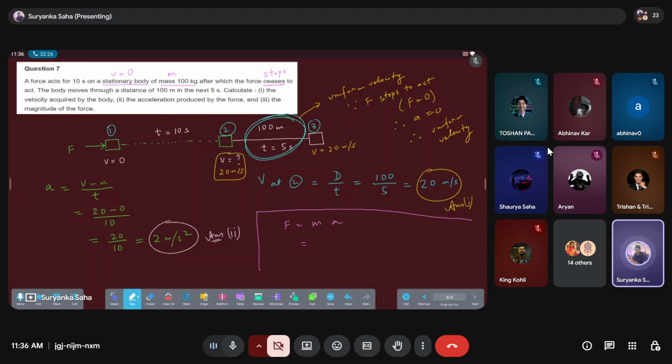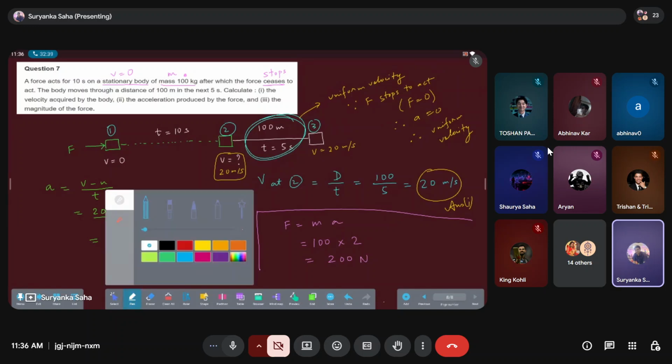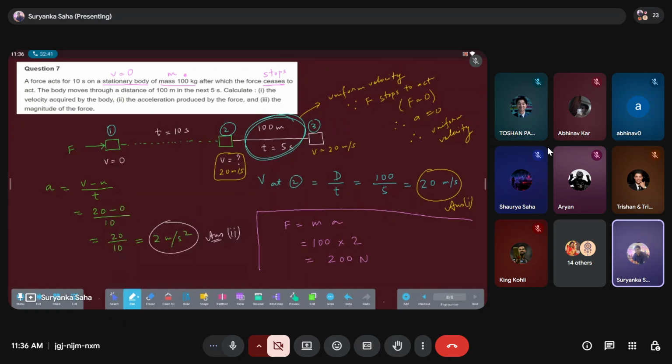Mass is there. So it is 100 into acceleration, we just found out 2. So it is 200 Newton. This is the third answer, answer 3. Okay, this is 200 Newton.